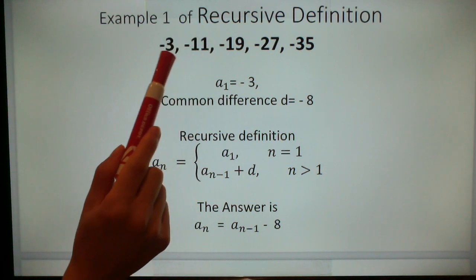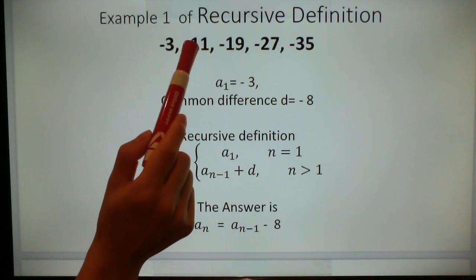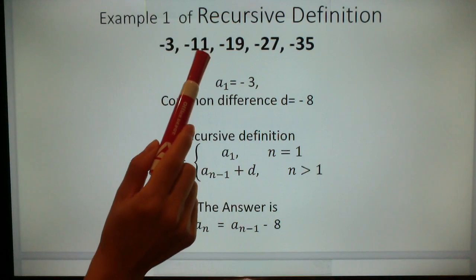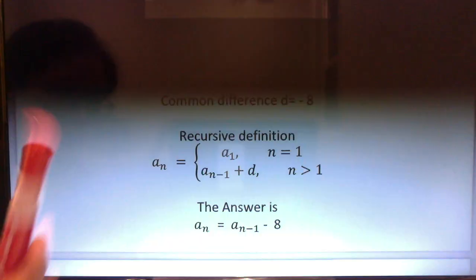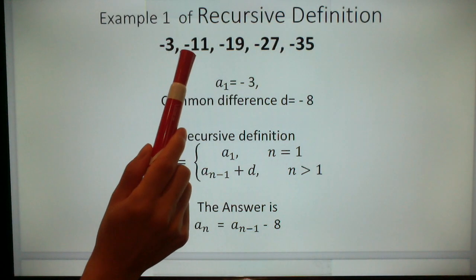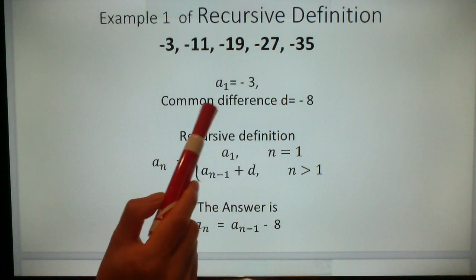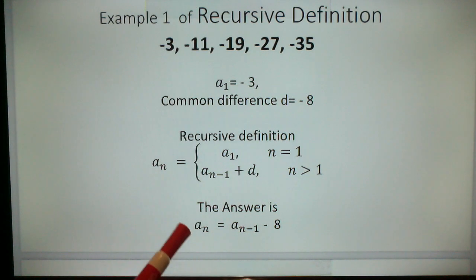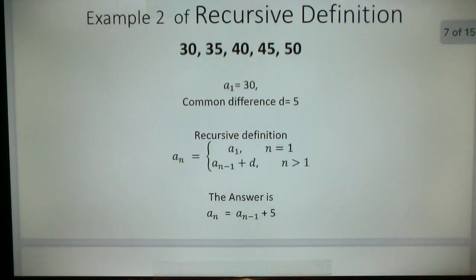Let's say this is A1 and A2. If you want to know A2, you need to see A1 minus 8, because that's the common difference. So the answer is AN equals AN minus 1, subtract 8. So let's go to the next one.